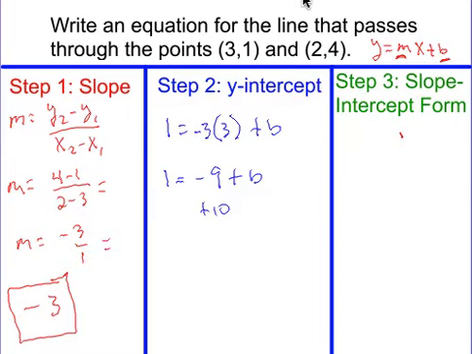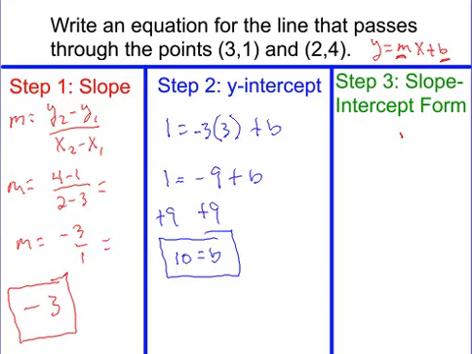Oops, good grief. I keep jumping straight to the answer. Add 9 to both sides. 10 is b. Everybody agree? Yeah. Okay, so once we've got the slope and the y-intercept, all we need to do is write the equation: y equals negative 3x plus 10.